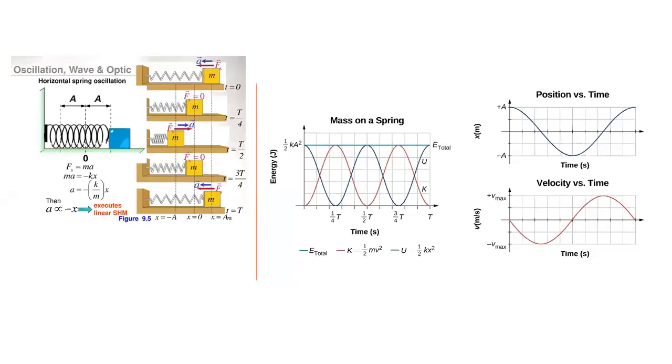At A, C, and E. So here we are going to do a graph for kinetic energy. This is the red part. Here at A, at C, and at E, we have 0 kinetic energy because it is also 0 velocity.